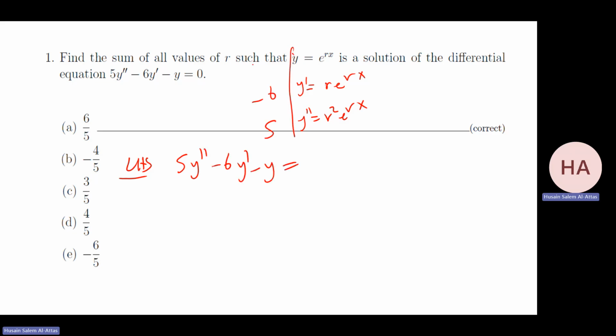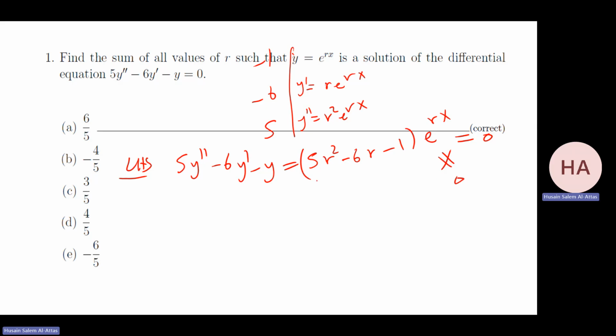This is 5, this is minus 6, this is minus 1. It's very easy to check. So it's 5r squared minus 6r minus 1 times e to the power rx. I want this to be equal to 0.